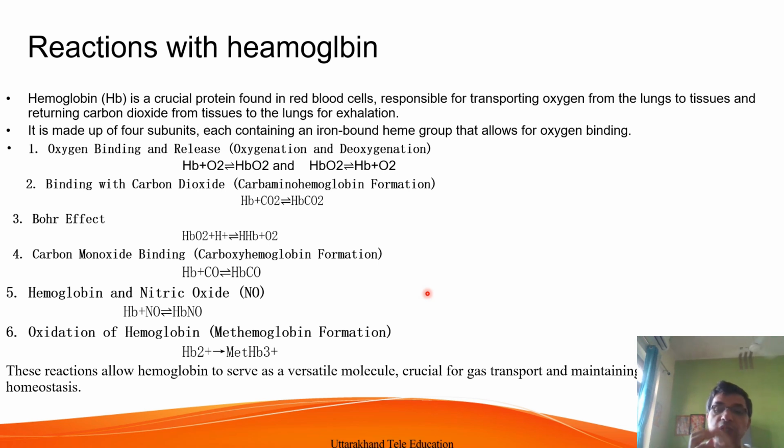Partial pressure means the contribution of a gaseous molecule in the atmosphere. Our barometric pressure is 760 mmHg. If you multiply 760 mmHg by the percentage of that gaseous molecule in the atmosphere, then you will find the partial pressure of that gas.